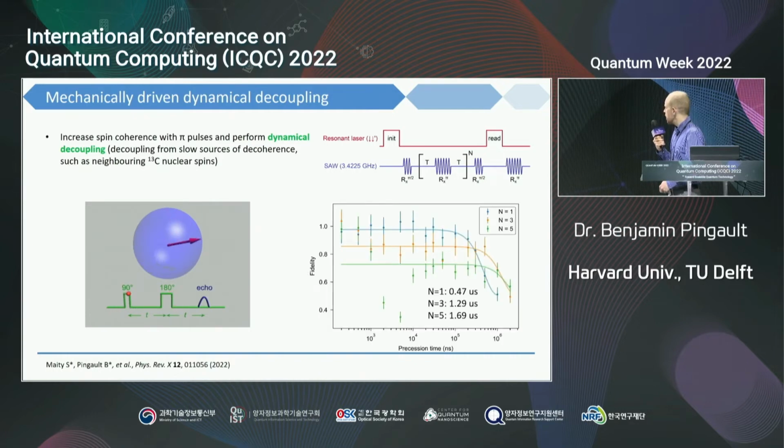So by increasing the number of pi pulses from 1 to 5, for example, and letting the system precess longer and longer, we can see that the dephasing kicks in later and later with the increased number of pulses, going from about half a microsecond with 1 pulse to 1.5 microseconds with 5 pulses.